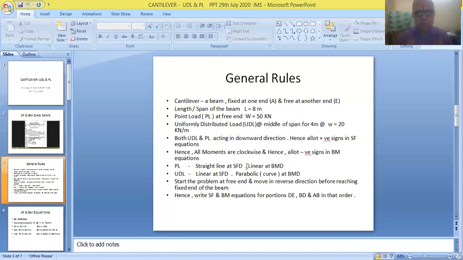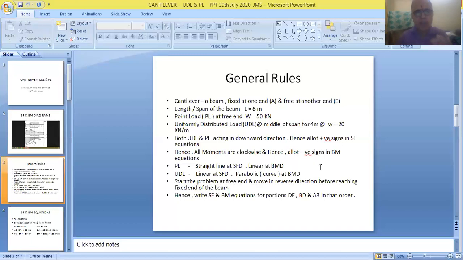So the positive symbol is to be used for writing SF equations, and the negative symbol for writing bending moment equations. Any force acting in downward direction gets a positive symbol, and clockwise movements get a negative symbol.